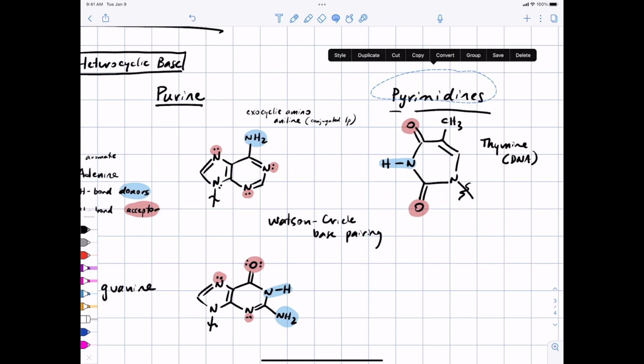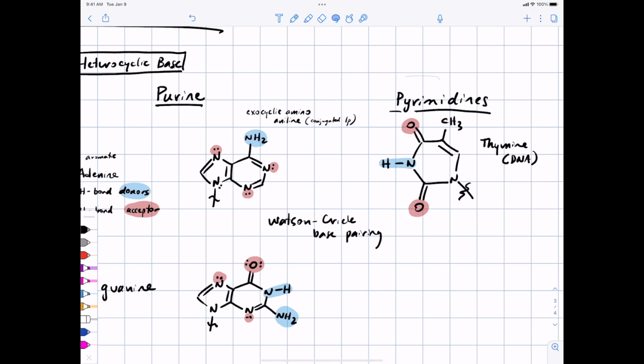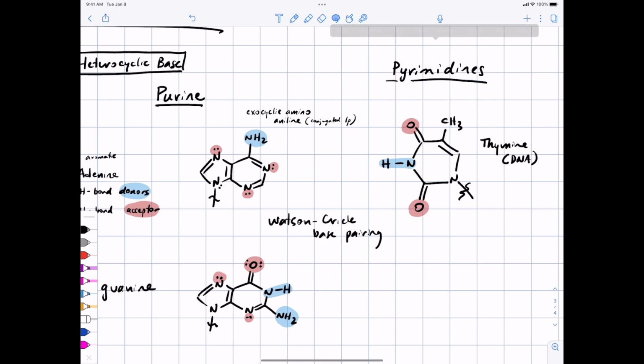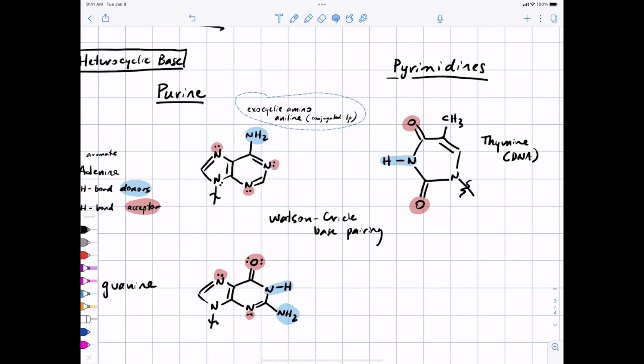I'm just trying to show you how the exocyclic amino group on adenine can engage with a hydrogen bond. I'm showing them at way far too long distance with the oxygen, the carbonyl oxygen of thymine, and how the ring nitrogen of adenine can engage in a hydrogen bond with this NH group on thymine.